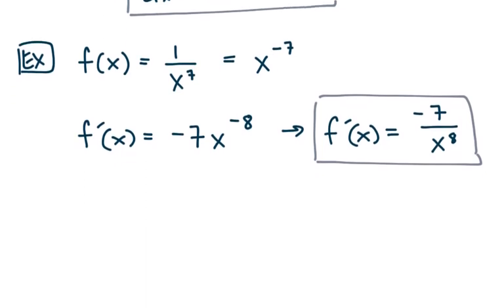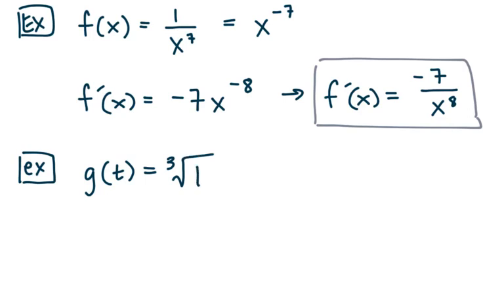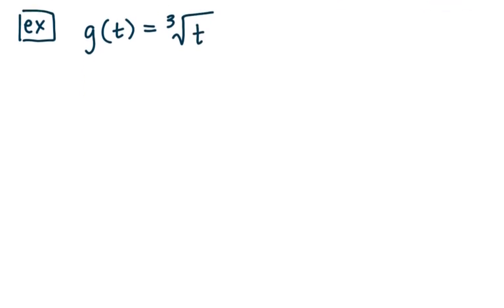All right, let me just do one more. g of t equals, we'll say, the cube root of t. So again, this example isn't exactly a variable raised to a power when we're looking at it.